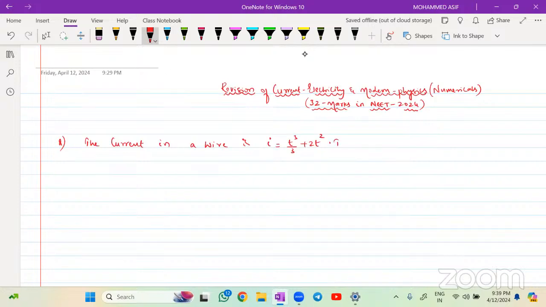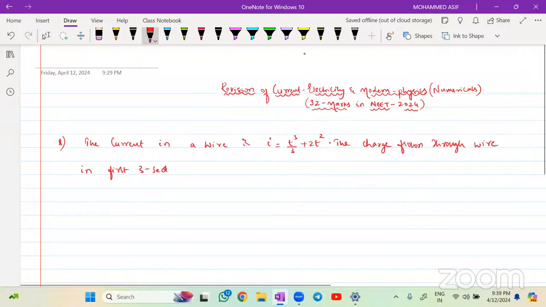I need to calculate the charge flown through the wire in some seconds, like in the first 3 seconds or 4 seconds, or in the first 2 seconds or 1 second, something like this.